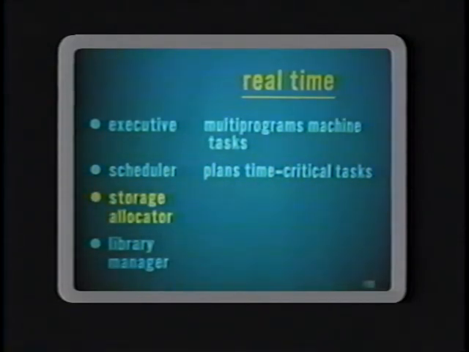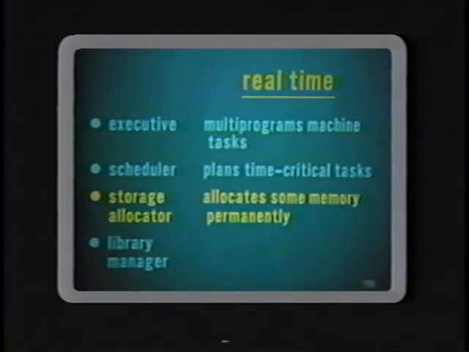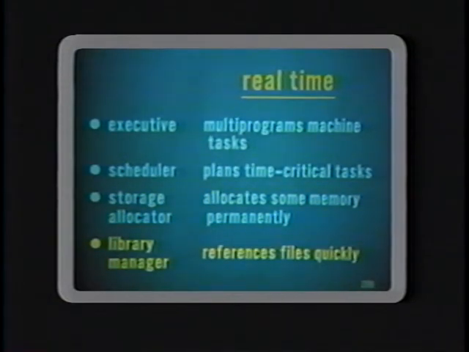Sometimes urgent jobs also get special treatment from the storage allocator in a real-time system. Programs that may be needed almost instantly are not swapped out, but are allocated permanent areas in main memory. Although time-critical jobs can reside permanently in memory, the library manager must still be able to locate data files for the system quickly and efficiently.